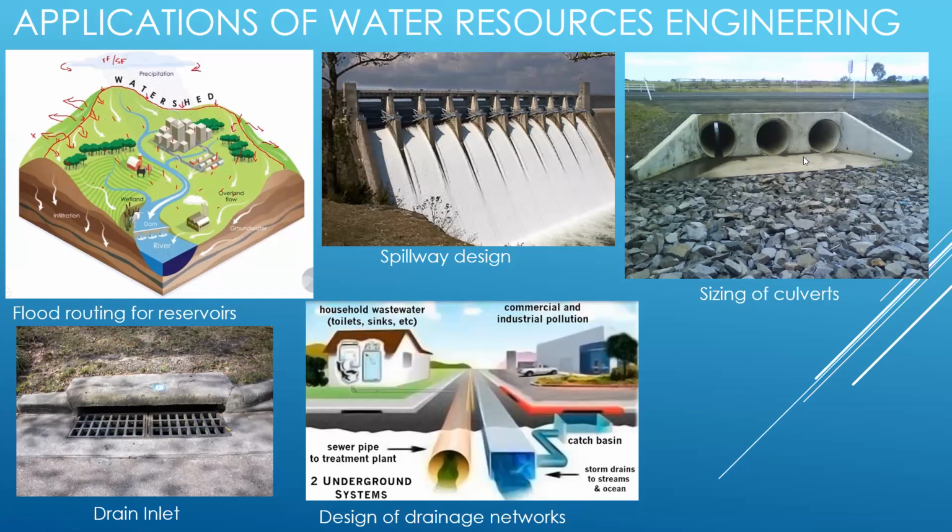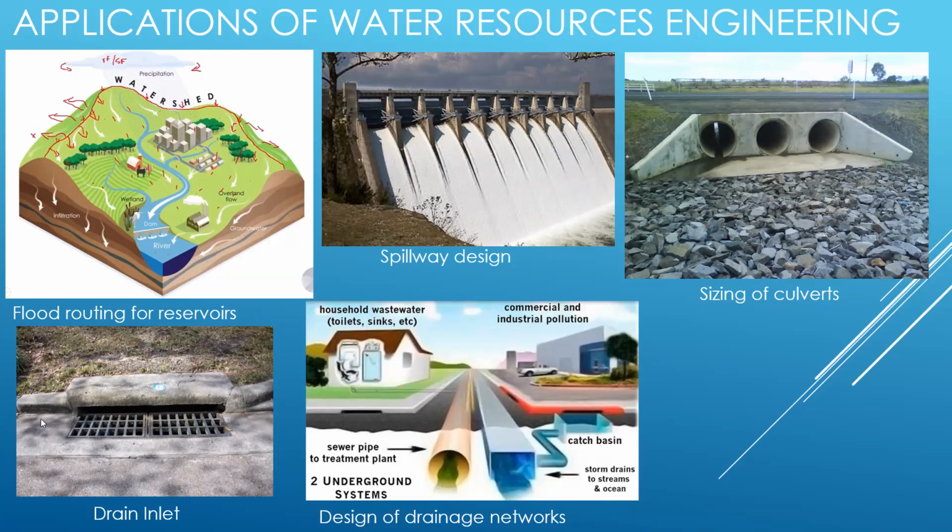Right. Now, when you design culverts, you cannot just go for type drawings, because you need an understanding of the flow that is coming to this point to provide an adequate amount of drainage. So the amount of water that is going to come to this point has to be decided by hydrological analysis.